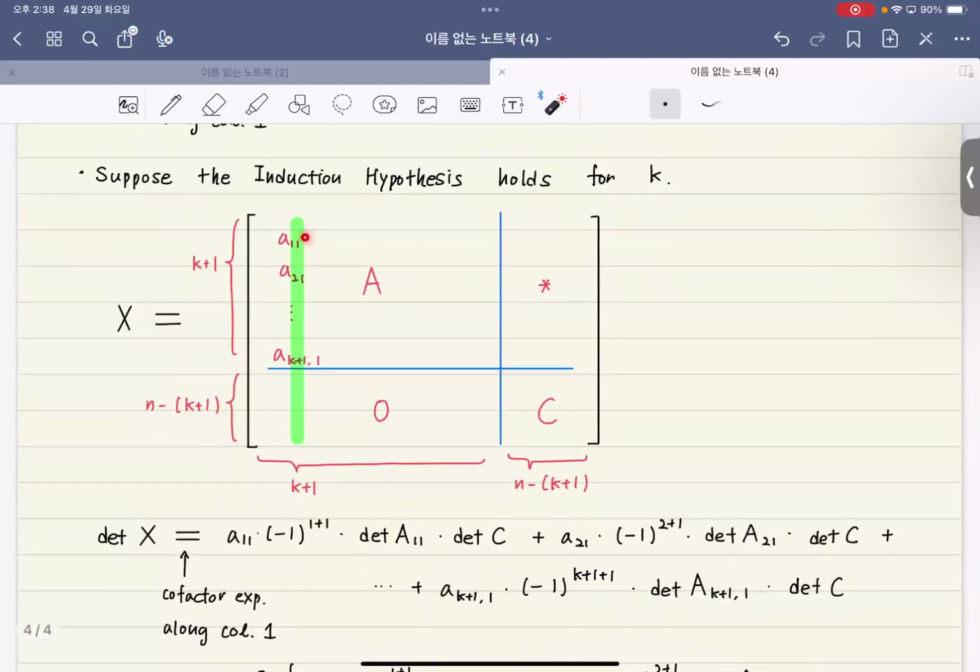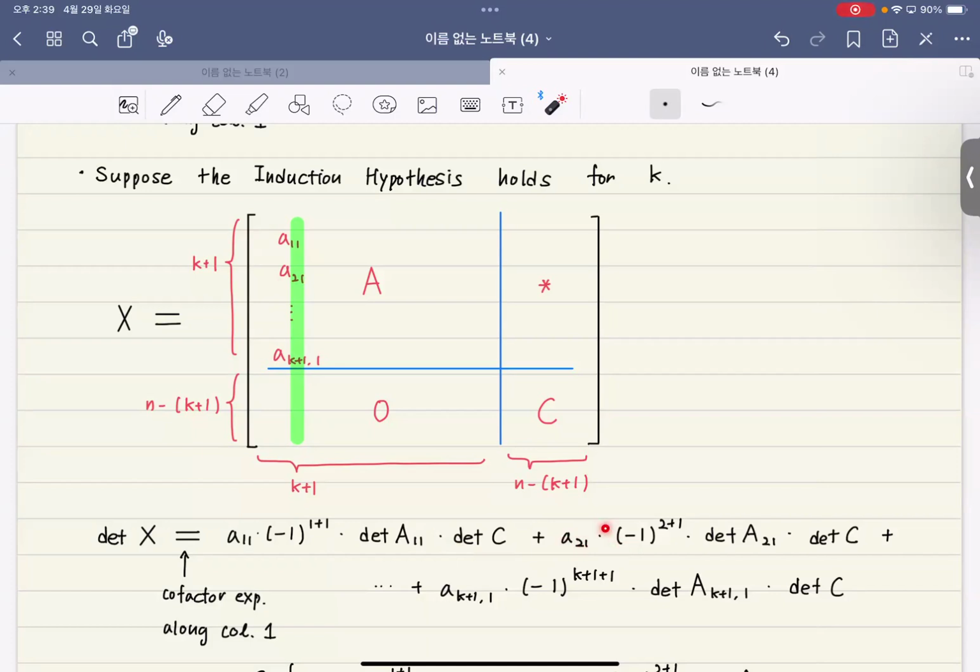Again I am applying the cofactor expansion along the first column. Then this entry times its cofactor, which is the determinant of this huge matrix. But because of the induction hypothesis, the determinant of this huge matrix can be written as the determinant of A11 times the determinant of C. Same is true for this entry.